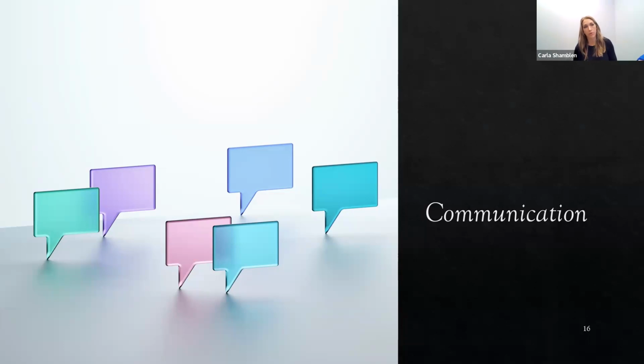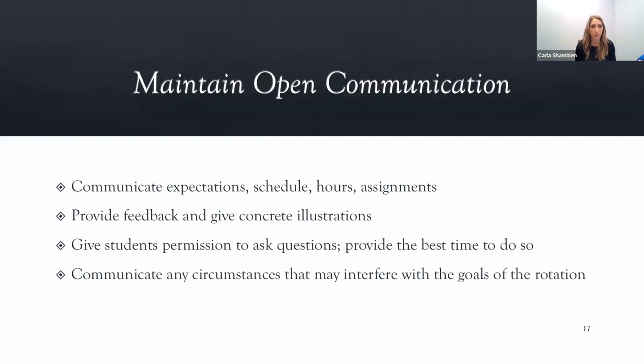And whenever I do have either issues with students that are on rotation and preceptors are having difficulty with them, or the student is struggling, or I have students who maybe provide comments during the rotation or after the rotation on their evaluation about how they felt the rotation went, that maybe have more of a negative tone, whenever I end up talking with both students and preceptors, the majority of the time, the underlying theme is miscommunication. And so I want to stress that this is something that's really important as a preceptor.